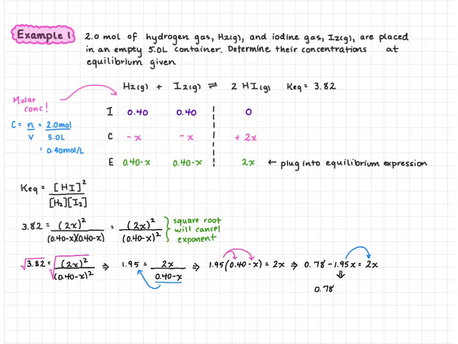So 0.78 equals 3.95x. We're going to now divide both sides of our equation by 3.95, and that's going to give us x equals 0.198 moles per liter.